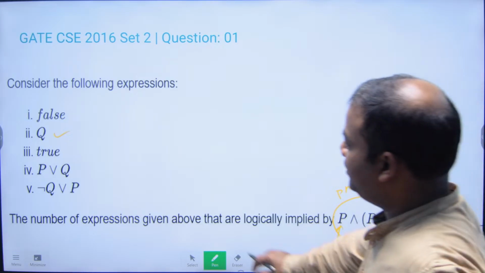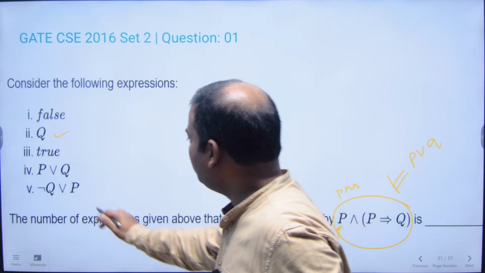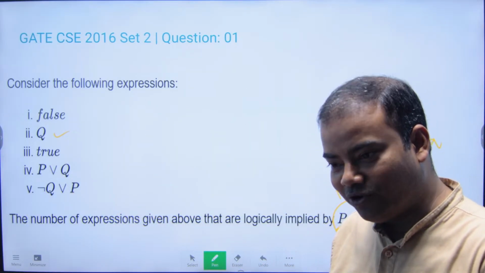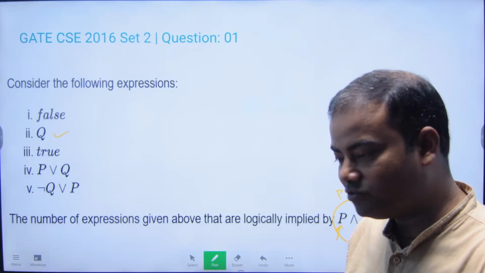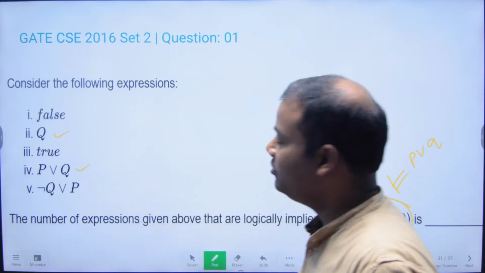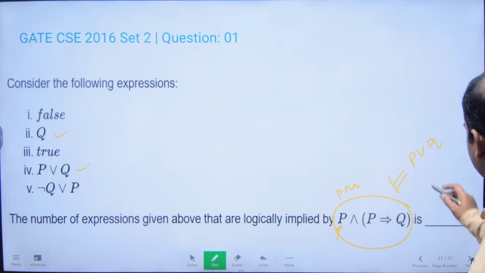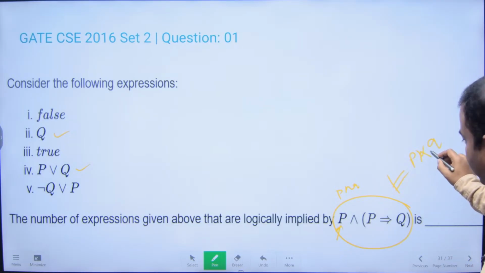So Q is true, that is 1 is correct. But what about P or Q? You know P is also true and Q is also true. So P or Q is also true. So definitely this is also true. But it should have been the inverse. You are telling about this. Yes, that is correct.